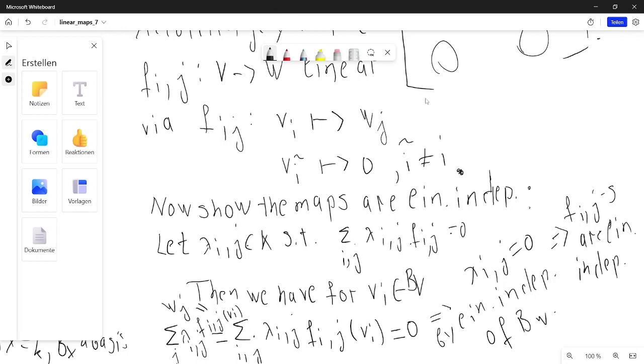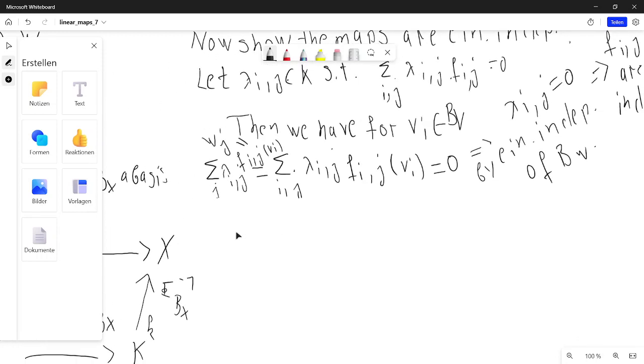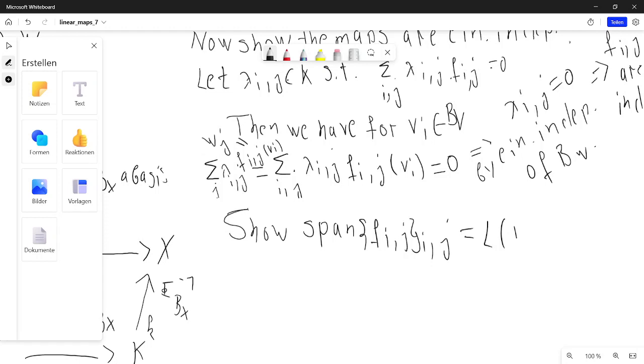All right. Now, obviously, we want to show that the f ij's span the space, but let's look at it. So span of f ij is just the set that goes through all f ij, and we want it equal to the space of linear maps.